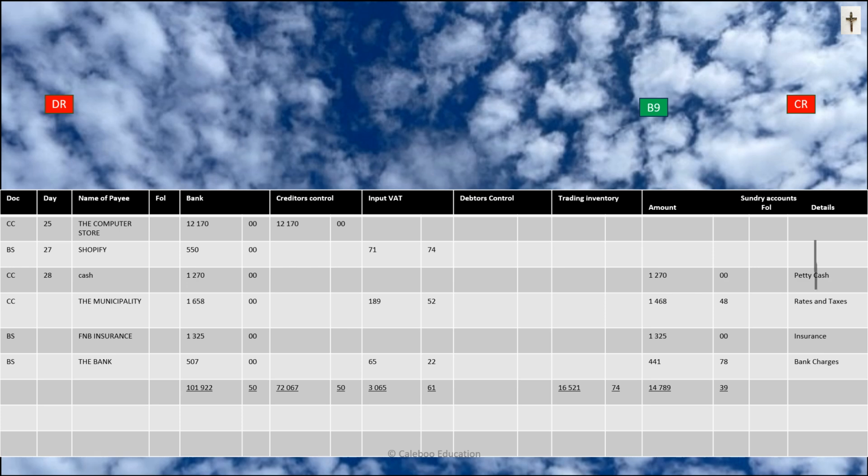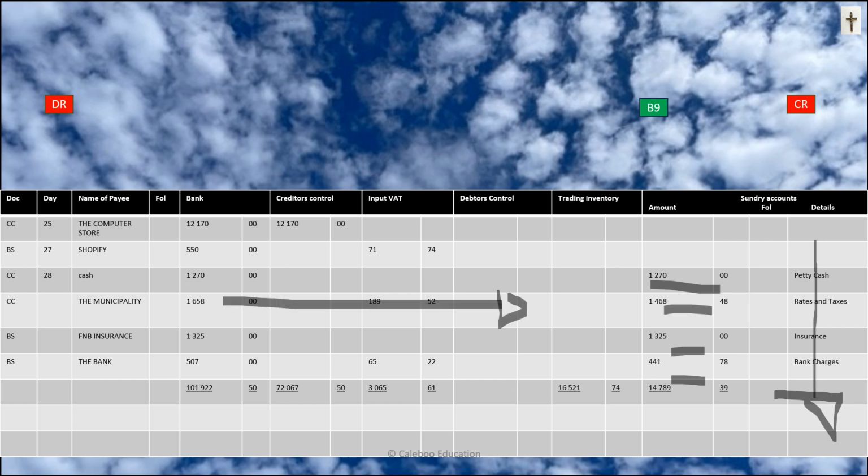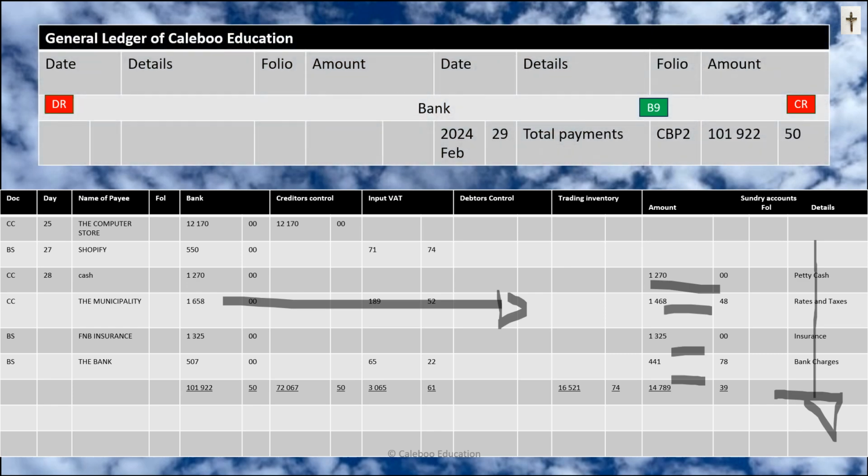We've worked on the sundry accounts section and we've posted all this information to the general ledger, and now I'm going to work from left to right across the columns. So the first column we have bank. Now our bank account I know has a positive bank balance, but remember we're only looking at the payments for the month of February and posting the payments to the general ledger for February.